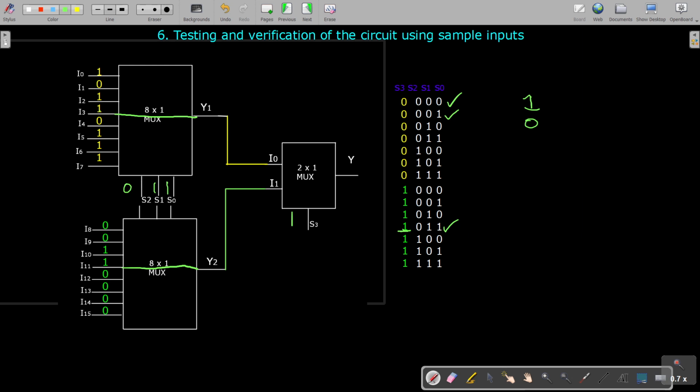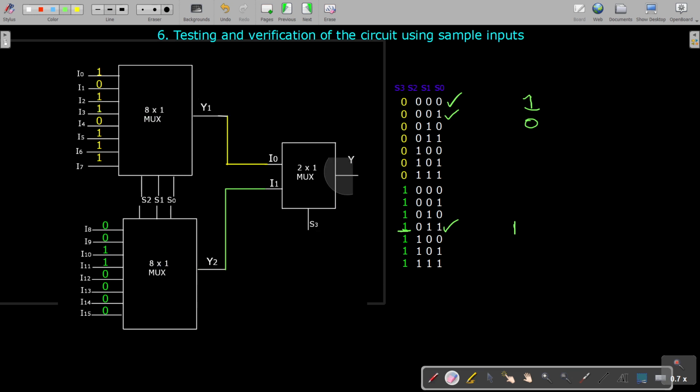So this input I1, I3 equal to 1 will be transferred here. This 1 will be transferred here, and for this also 1 will be transferred. But this S3 is 1, so I1 will be selected here. So this 1 will be transferred here, and you receive a 1 here. So this value will be 1 when you give the selection inputs as 1011.